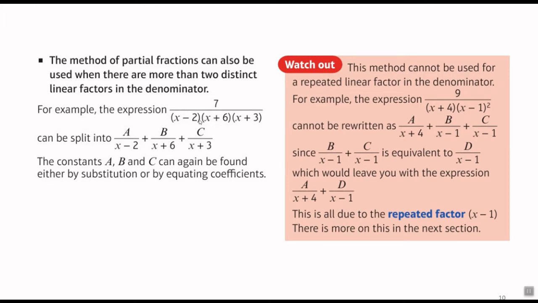Ax plus b type factors. So this expression can be split into a constant divided by x minus 2, another constant divided by x plus 6, another constant divided by x plus 3. So a, b, c are constants you need to find.